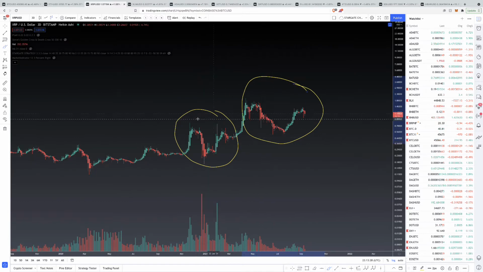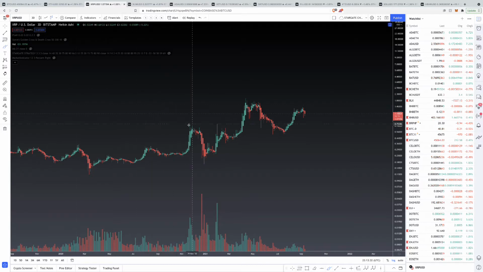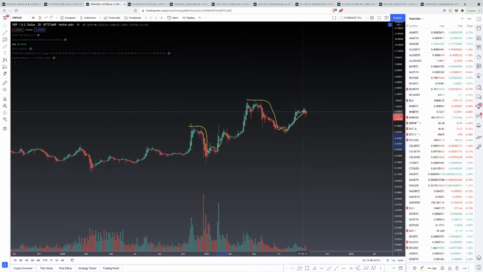So where I think we're at within this pattern, because we have a top right here, then it goes down like that, and then it pops up, comes back down. We had a top right here, comes down, pops up, comes back down, and then we had a move up like this, move up like that, and then we break a trend line there and come back down.